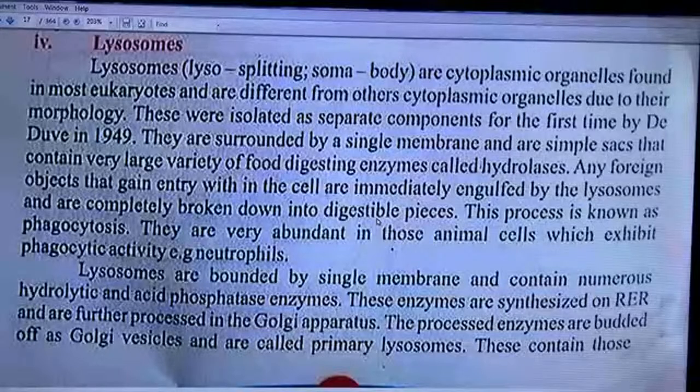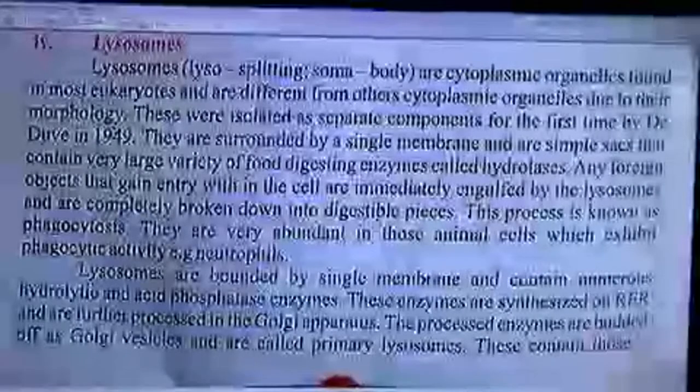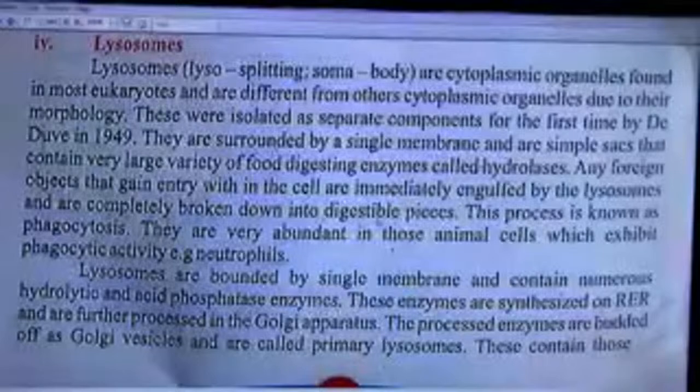Any foreign object that gains entry into the cell is immediately engulfed by lysosomes and completely broken down into digestible fragments. This process is known as phagocytosis. They are very abundant in those animal cells which exhibit phagocytic activity, for example, neutrophils.